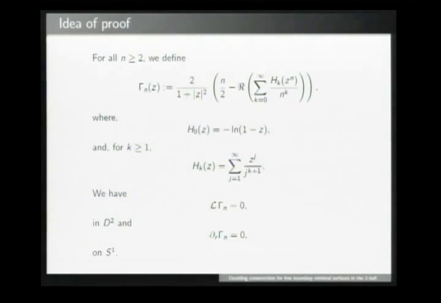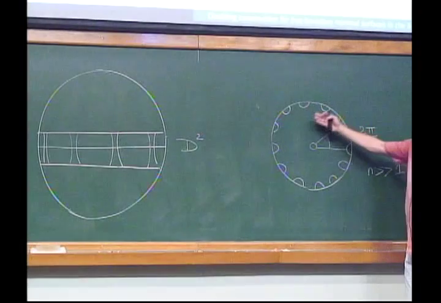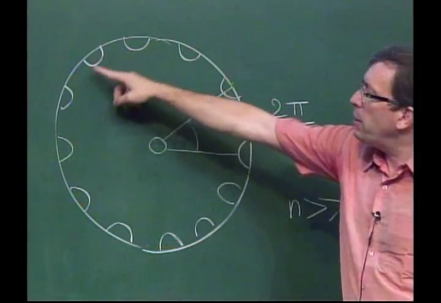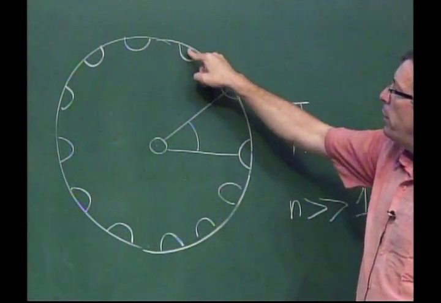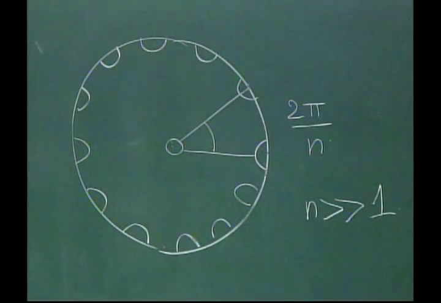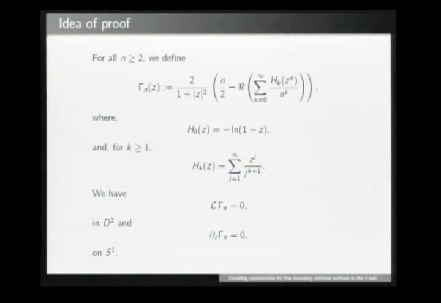Now there is another function which is called gamma n, and this function gamma n is a harmonic function, and it has log type singularities at all the nth roots of unity. It is not very hard to check that this gamma n is this time completely explicit, but the fact that it is explicit is not so important.